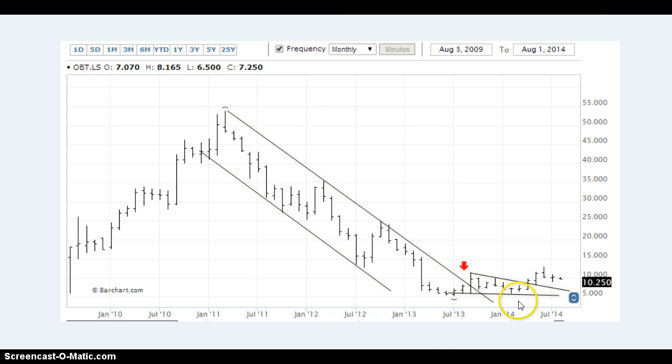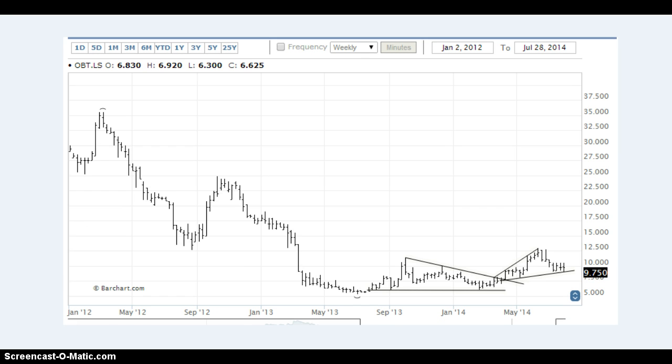Let's have a closer look at that triangle in a different graph. This graph, which is a shorter-term one, is since the beginning of 2012. This is the triangle. You can see how it broke out of the triangle at around the 7.5p level, and since then it reached the 12.5p level.